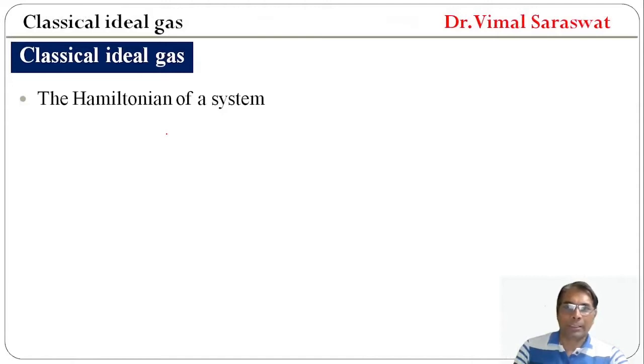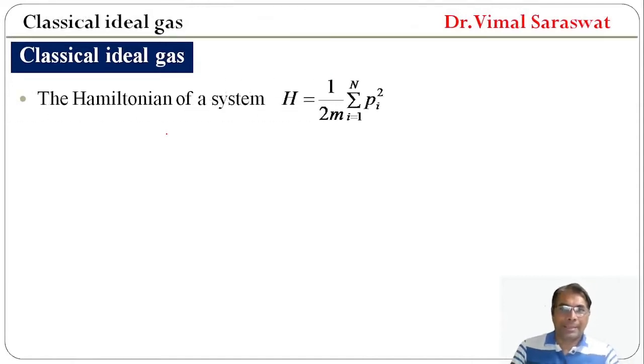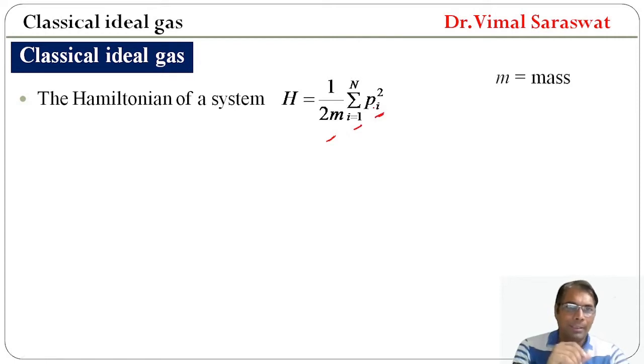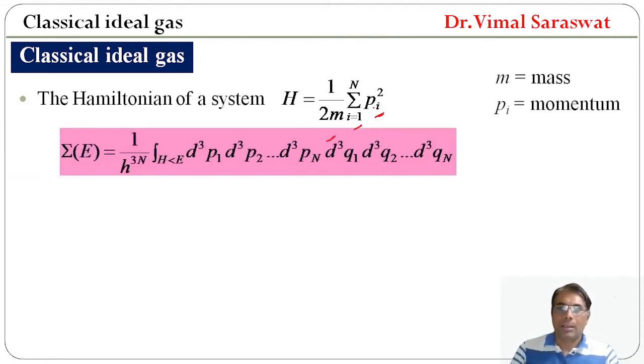The Hamiltonian of the system H is equal to 1 upon 2m sigma i equal to 1 to n p_i square. Here m is mass and p_i is momentum. Sigma E is equal to 1 upon h raised to 3n, integration over H less than E, d3p1, d3p2, up to d3pn, d3q1, d3q2 up to d3qn.